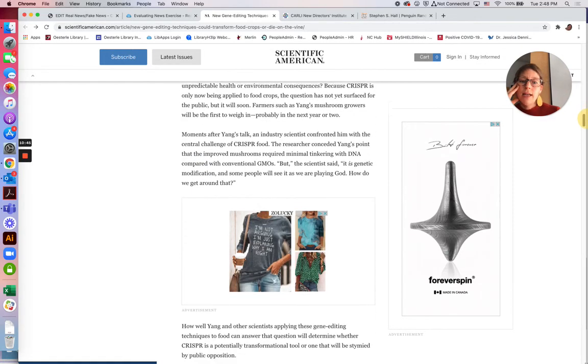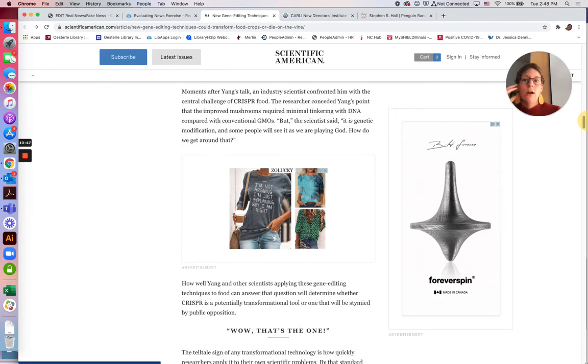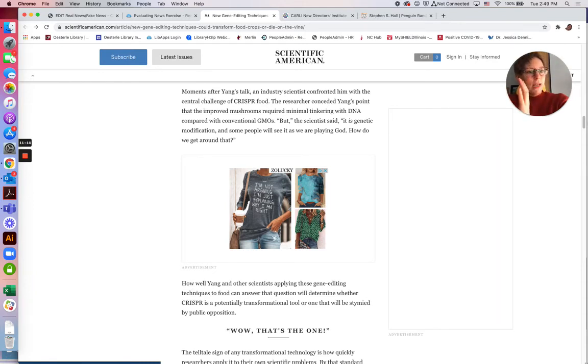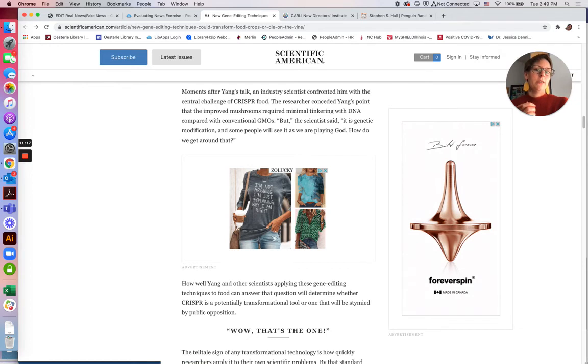So I would say the author is trying hard to be objective in the sharing of information about CRISPR and this food modifying technology, but is also presenting a case that tends to be fairly positive in the end, because this is a magazine focused on innovations in science and how they interact with society and people's everyday lives.